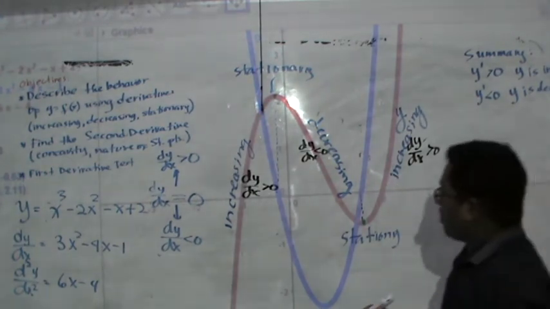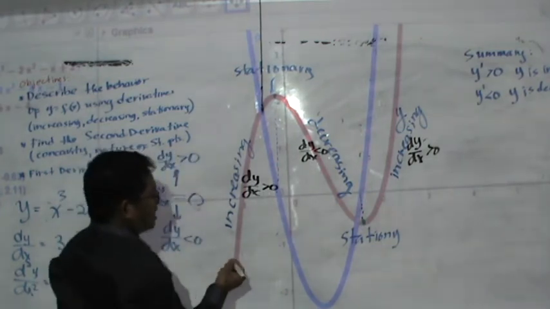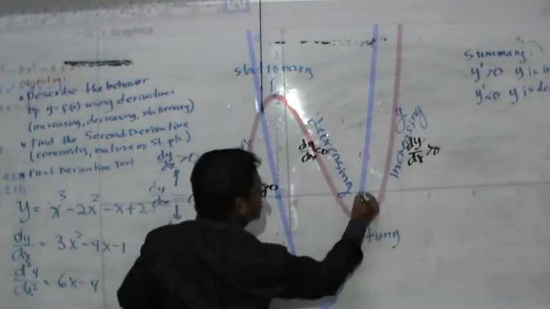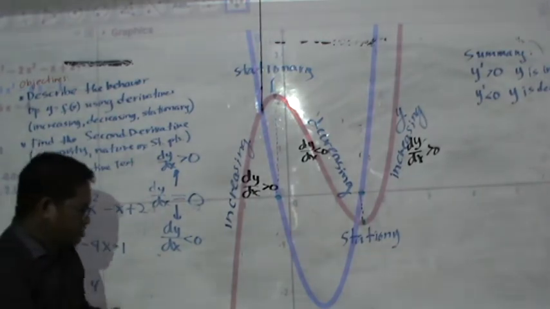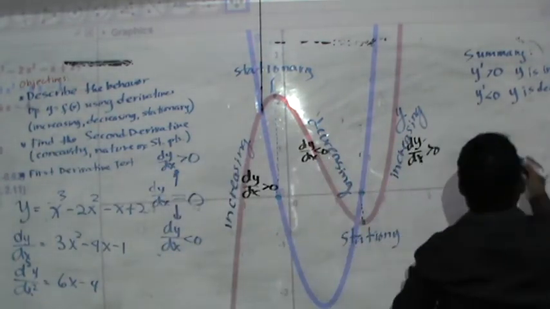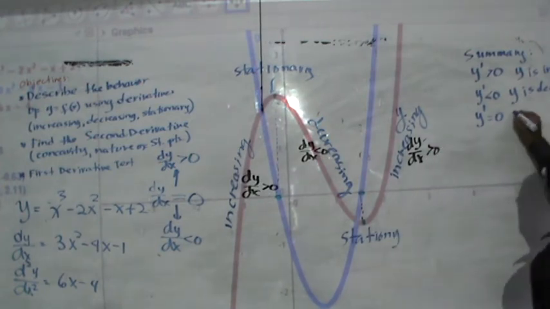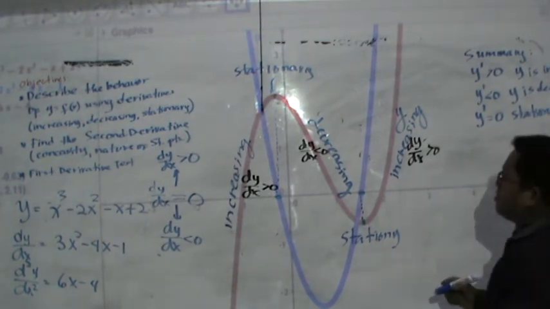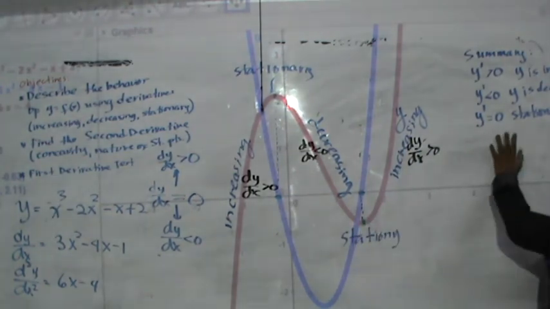And what is amazing there is that at this point where dy/dx is equal to 0, look at that. That is actually the stationary point. So if your y prime is equal to 0, then you have the stationary point. We can say that the point is stationary if y prime is equal to 0.